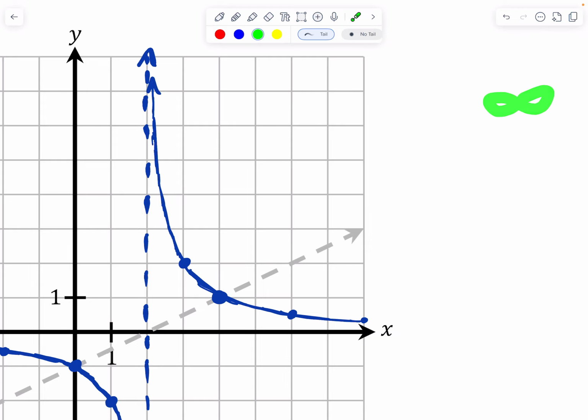There's my infinity symbol. And as we head off to infinity, the reciprocal moves towards 1 over infinity. If you have one cake and divide it among infinitely many people, everyone's pretty much getting 0. So this end of the curve is pretty much hitting 0.